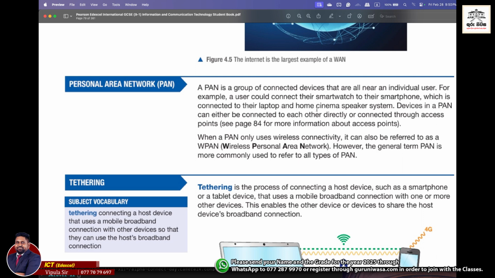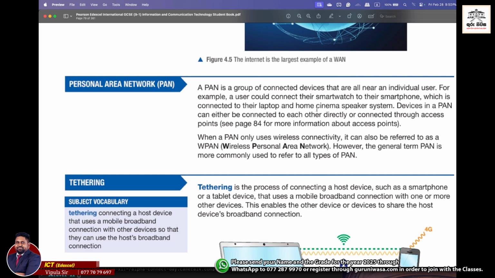This is what we use when we create hotspots, the Wi-Fi hotspot. So we take our phone and we can create a hotspot. A hotspot is technically a PAN. What it does is, it will create a wireless PAN, a WPAN, a wireless personal area network.